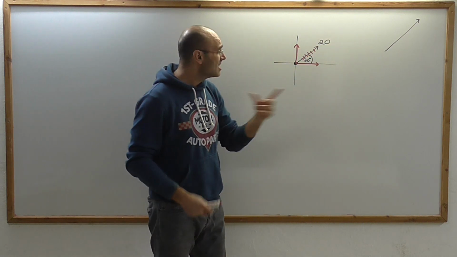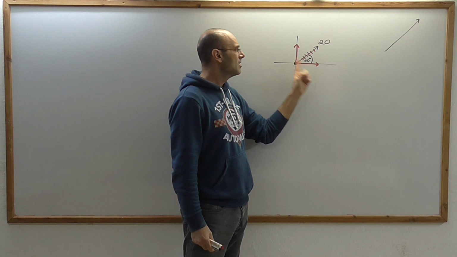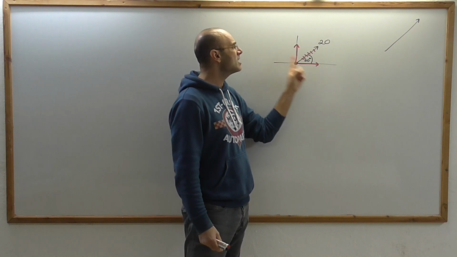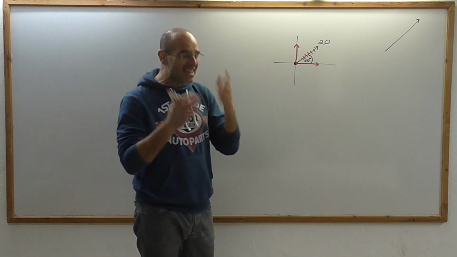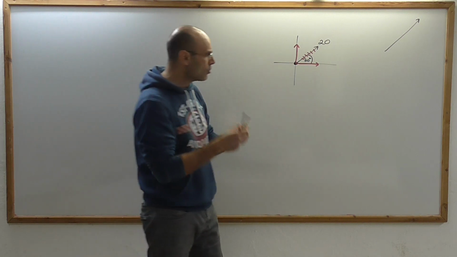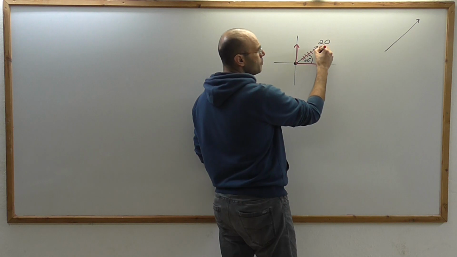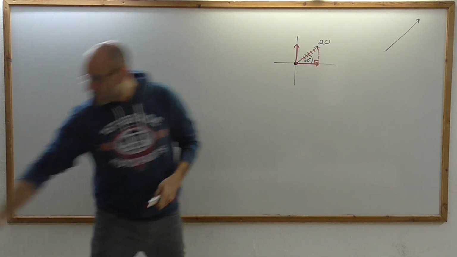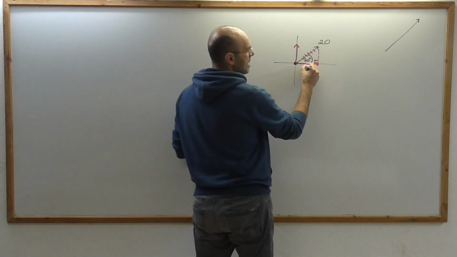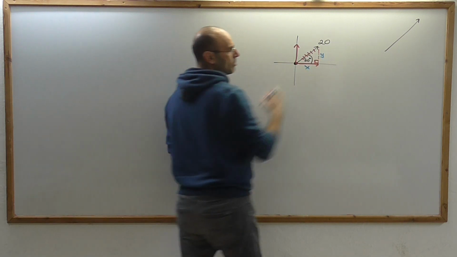So the question is, how do I find these components? This is called the components of this vector. How do I find them? The idea is, let's see where it comes from. If we close a right triangle here, we have the x component and the y component.